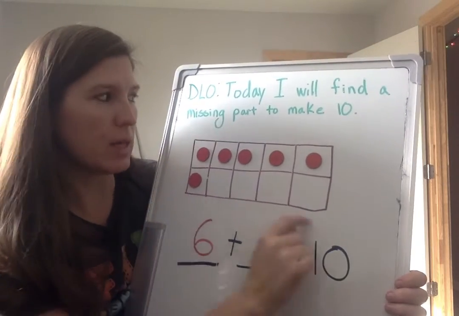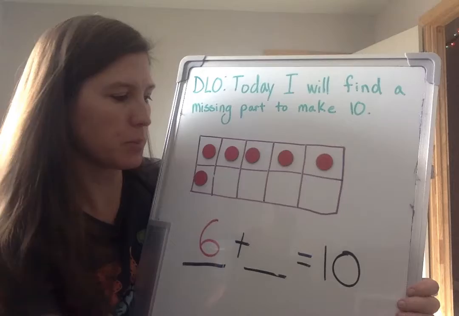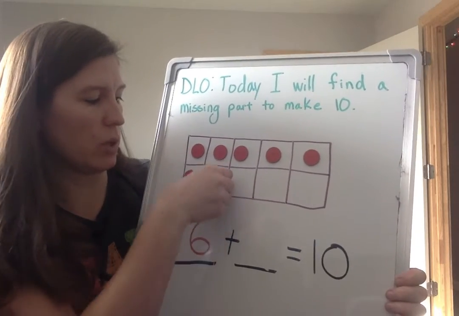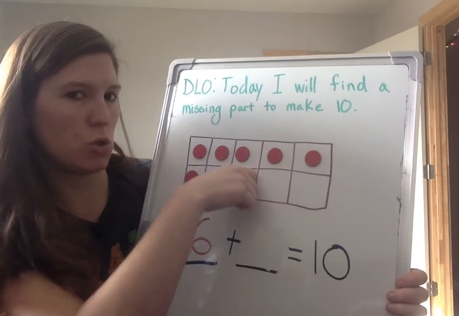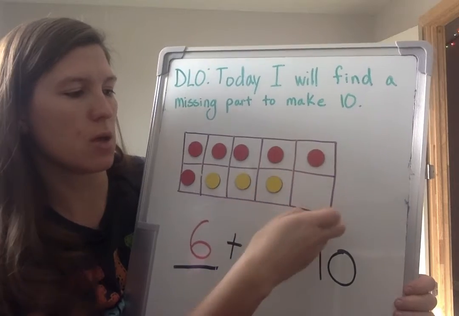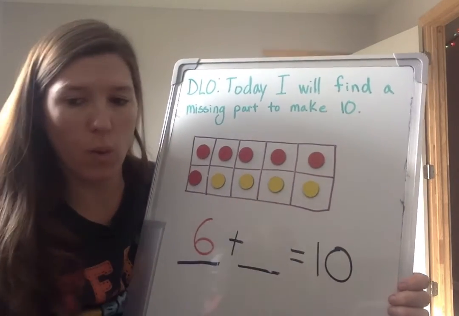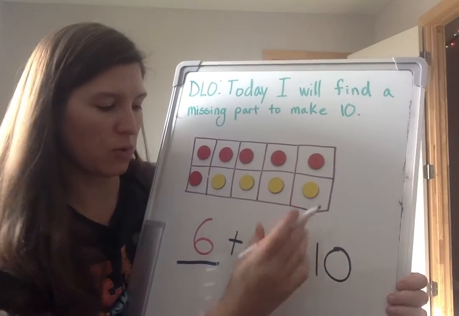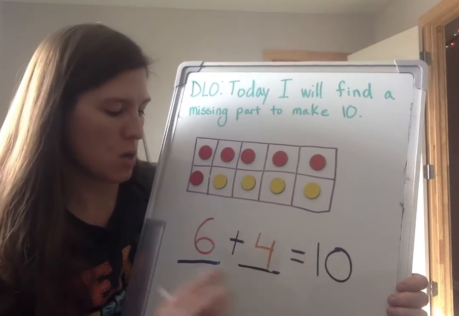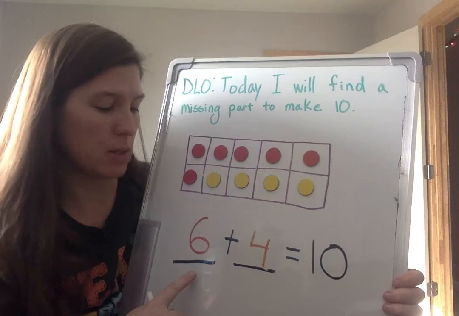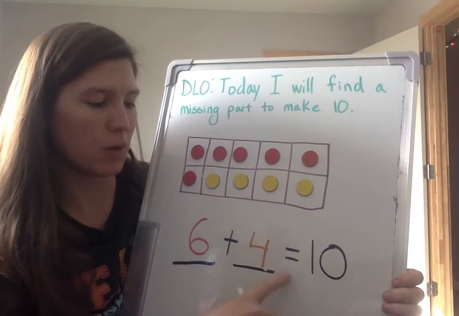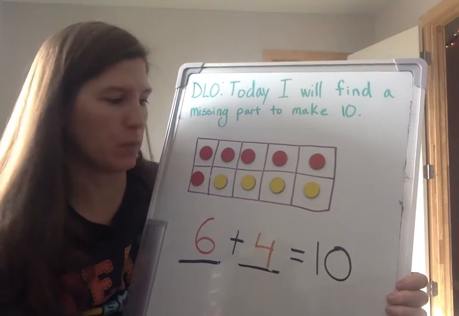We need to fill in to find the missing part. Let's fill in the rest of the windows. 1, 2, 3, 4. We have 4 that we filled in the missing windows. So my equation is 6 plus 4 equals 10.